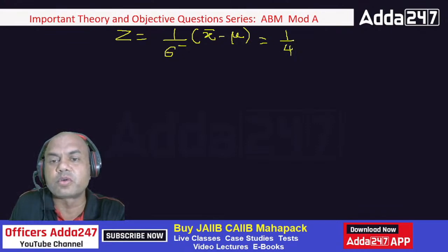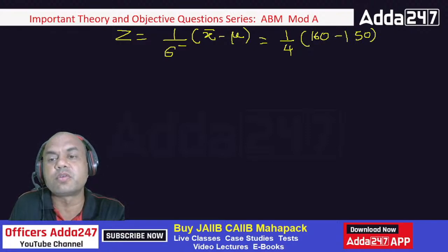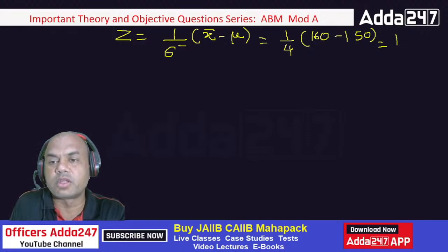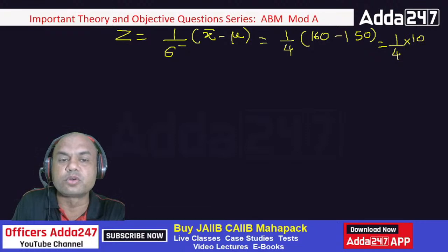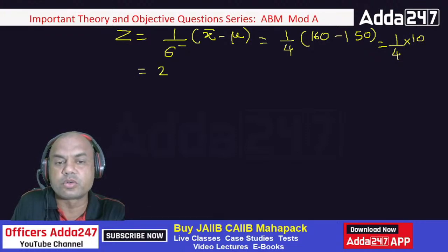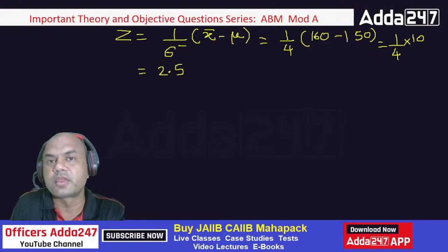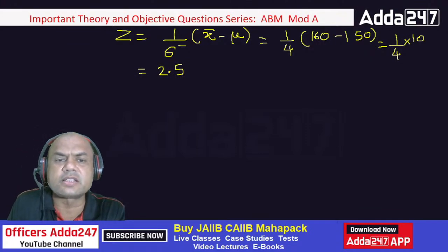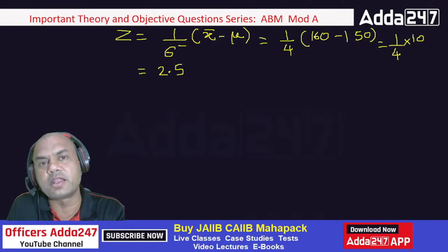So 1 upon 4 into X bar, which is 160, so 160 minus 150. Do it, everyone. 1 upon 4 into 10. So the answer comes to 2.5.